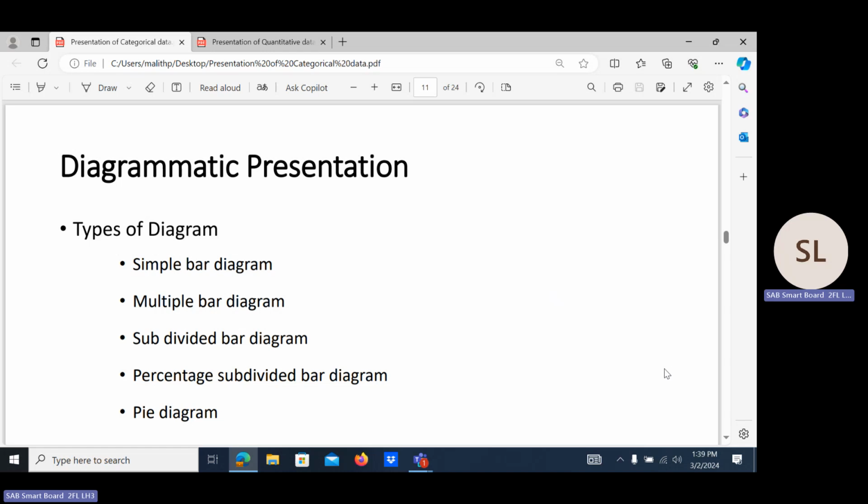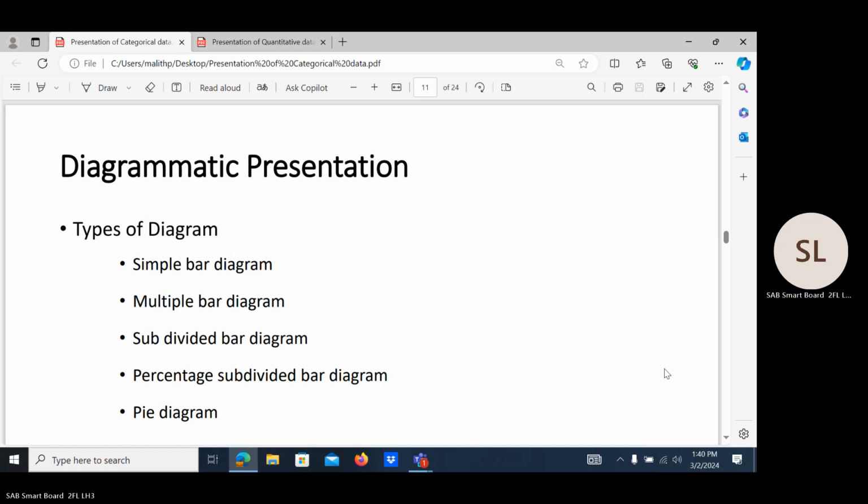Normally in research, first we do the descriptive analysis part. In the descriptive analysis part, we need these kinds of diagrams to represent your data set. Understood? That's the visual form of presentation of the statistical data.